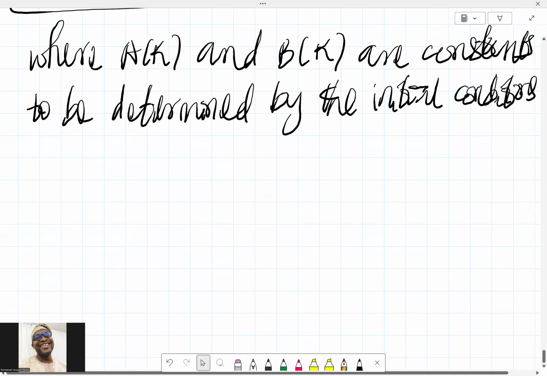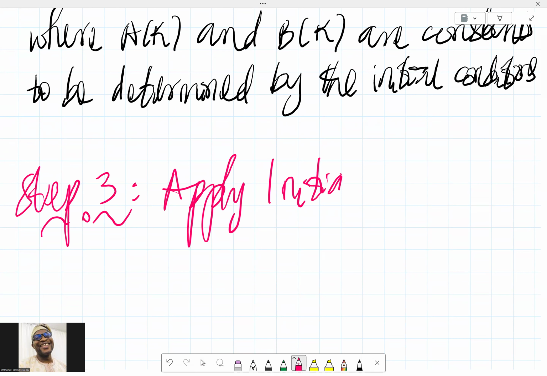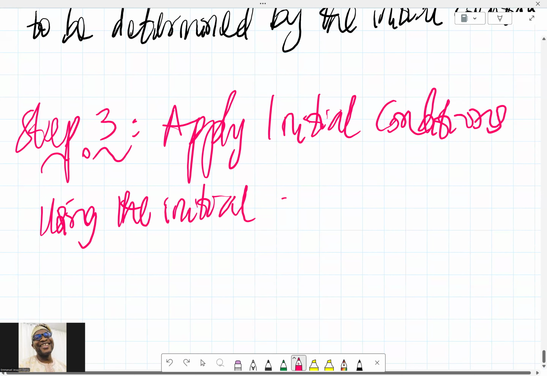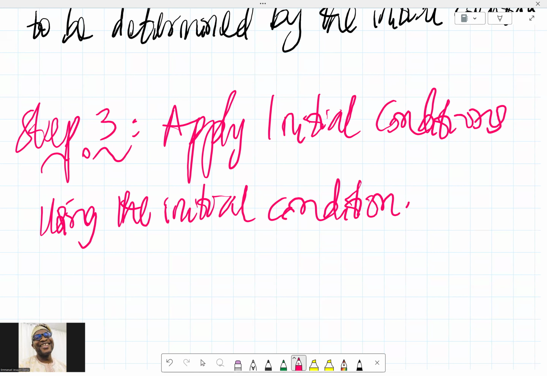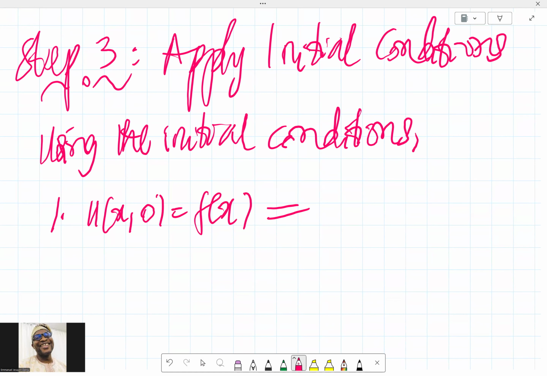And that is what we do in step 3. So for step 3 now, we apply initial conditions. The first initial condition, which says u of x comma 0 equals f of x, simply implies that u cap of k comma 0 is equal to f cap of k.